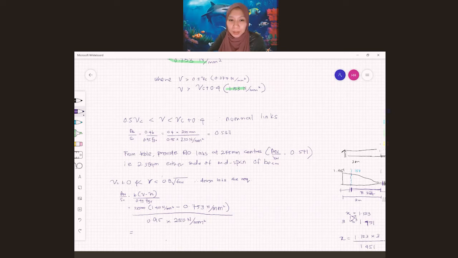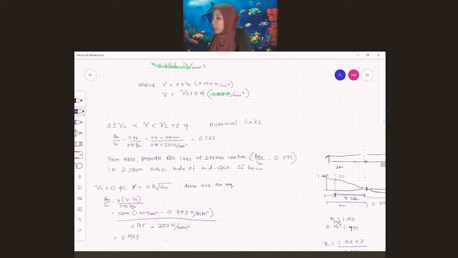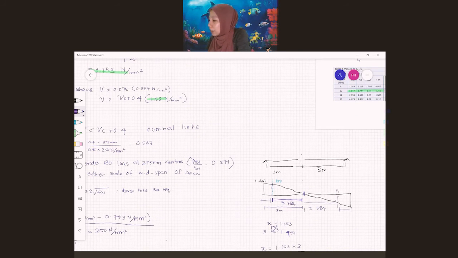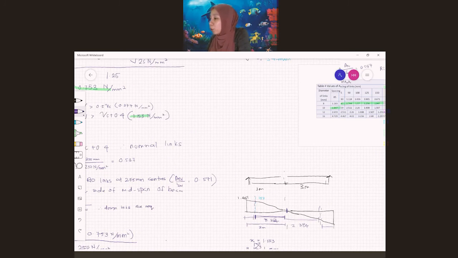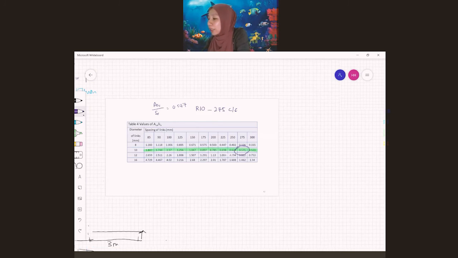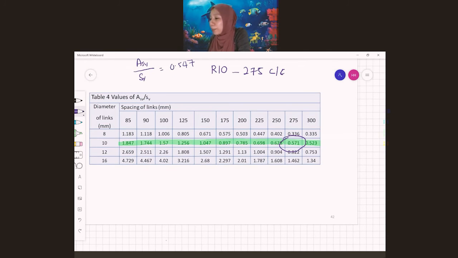Alright, masukkan 0.955. So ini adalah untuk design link. Jadi kita kena tengok, ASV divide by SV, maksudnya sekarang kita tengah cari ni lah, balance ni berapa pula spacing kat sini kita nak pakai. And we also know kita masih lagi stuck kena pakai R10 sebab dia suruh pakai 10mm diameter lagi. Jadi kita tak boleh berpindah daripada R10 ni lah.